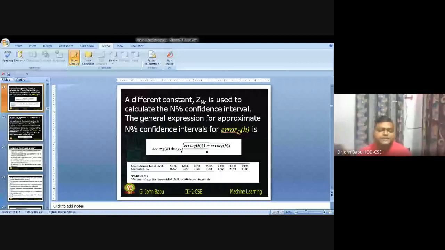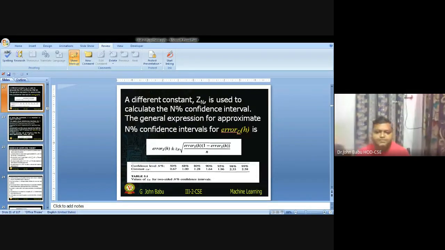What are the conditions for using this? Number of samples should be greater than 30. It should be discrete data. And all the examples should be independent of each other. They should not be dependent on each other.